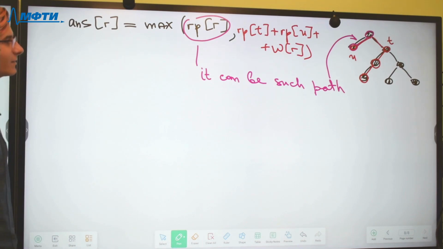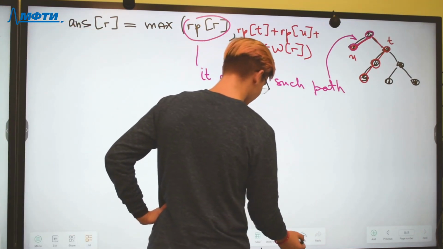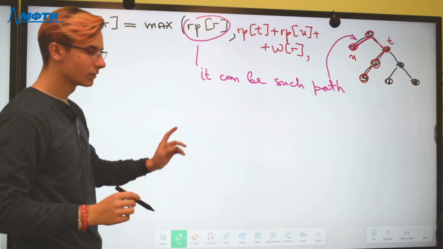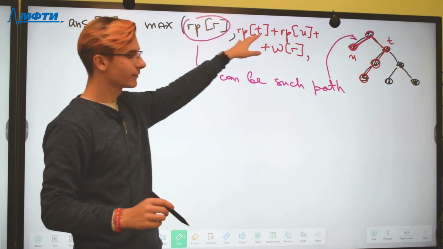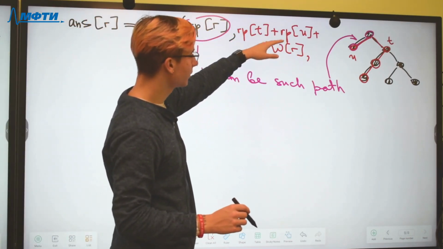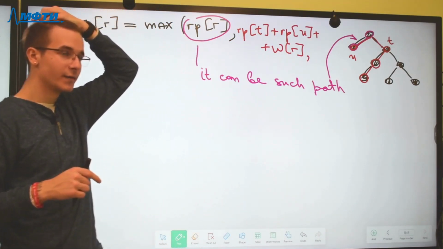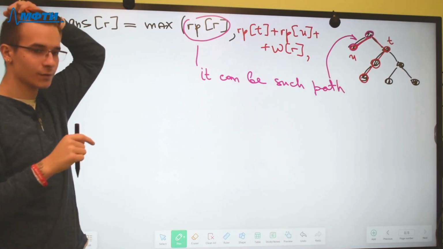But it's not complete, because if we find the maximum of these two numbers, we find the maximum of the paths that contain the root.